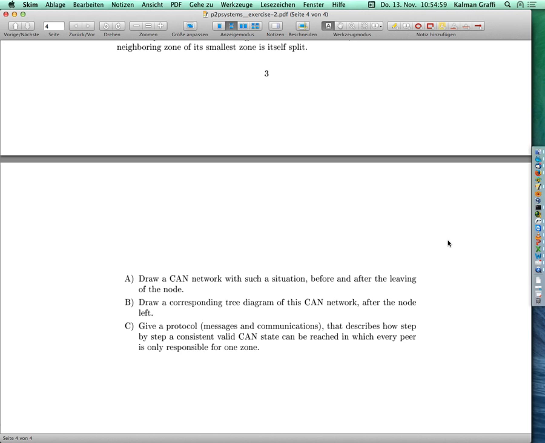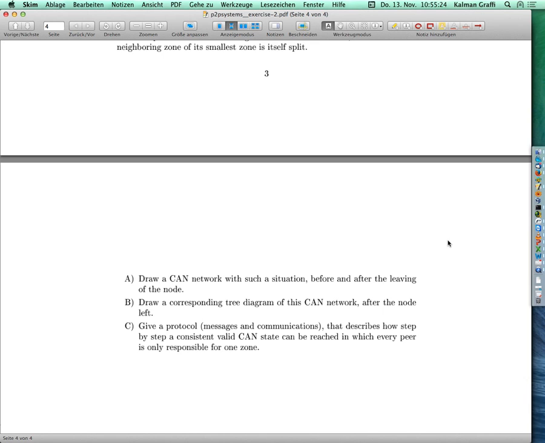So let's take this network, I don't know, A, B, C, D. So how would you draw that as a graph, or as a tree? How many branches does a tree have?